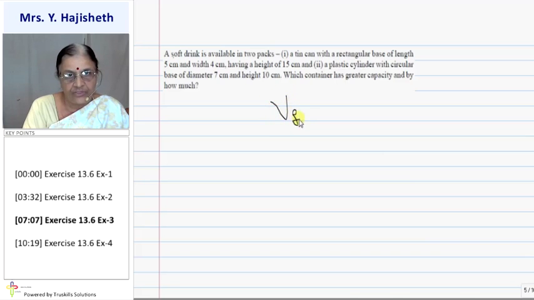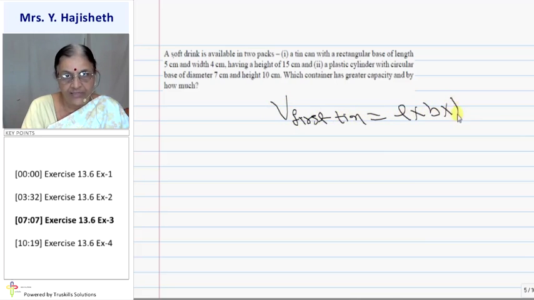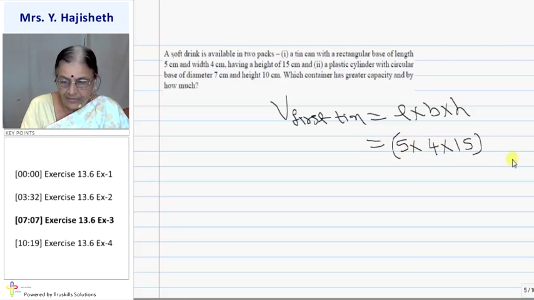Volume of first tin is L into B into H because it is cuboid in shape. So L is given as 5, B is given as 4, H is given as 15 centimeter cube. Okay. So it is coming 5 4 ja 20 into 15, 300 centimeter cube.